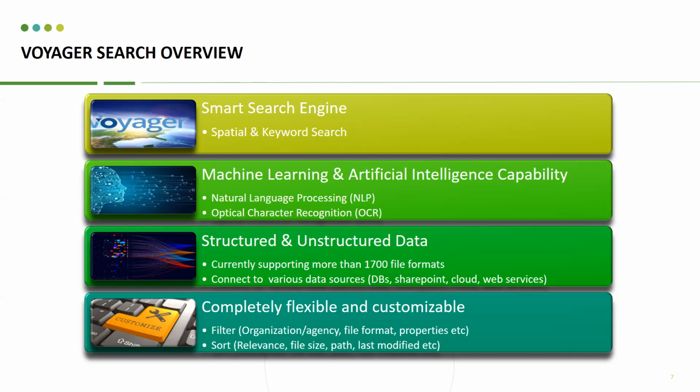This NLP engine can differentiate between a noun and a verb, those kinds of things. If you are looking for the word petroleum as a noun, it will go into the data source and look for the word petroleum. But if you look for, say, British Petroleum, it will automatically know that this is not a noun, but a brand. So it will look for the right keywords in the document itself.